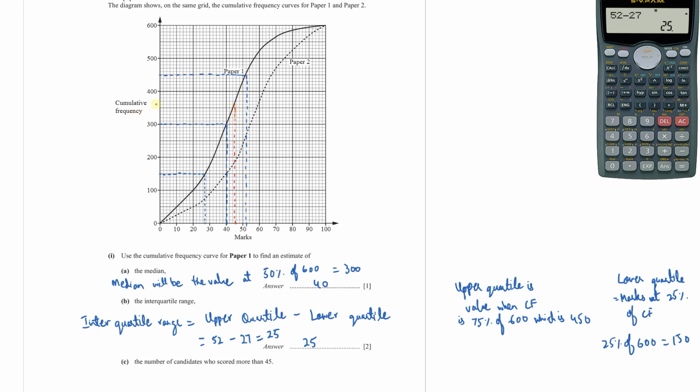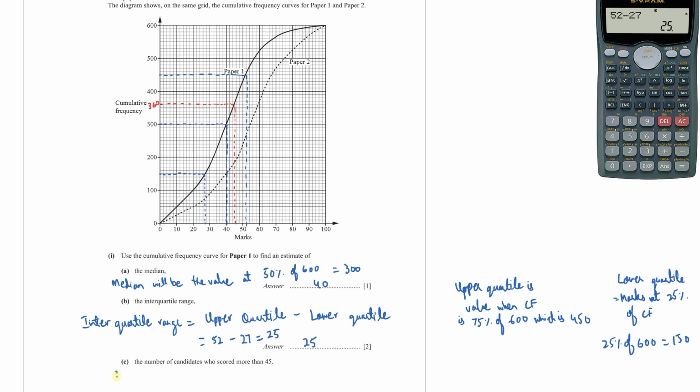It's almost here. So this is 300, 310, 20, 30, 40, 50, 360. So this is the number of students who score at most 45 marks. So 360 students score 45 or less, but we have to calculate students who score more than 45.